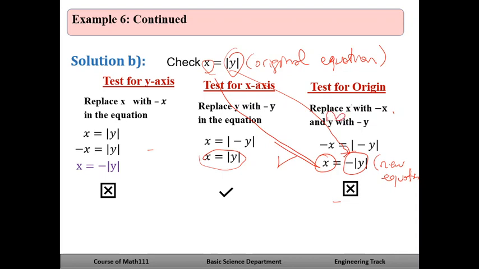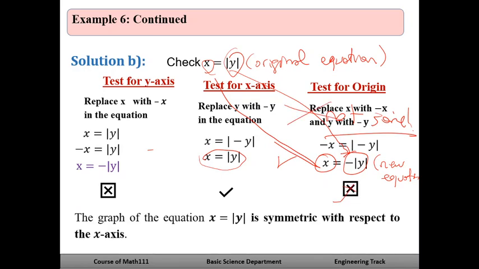They're not the same. So we say they're not equivalent. So the test fails. So for all the tests, only the test for x-axis symmetry works. So we say the graph of the equation x equal to absolute value y is symmetric with respect to the x-axis.